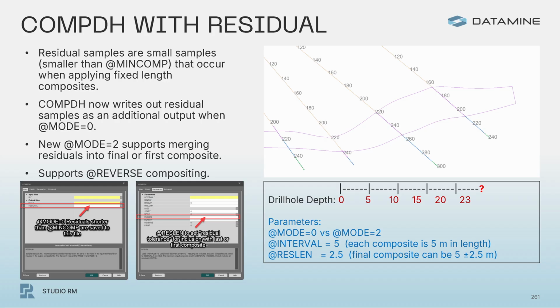So compositing with residuals, those of you that already use the compdh command will know that there are currently two modes, mode 0 and mode 1. In mode 0, everything gets composited to the fixed interval length.